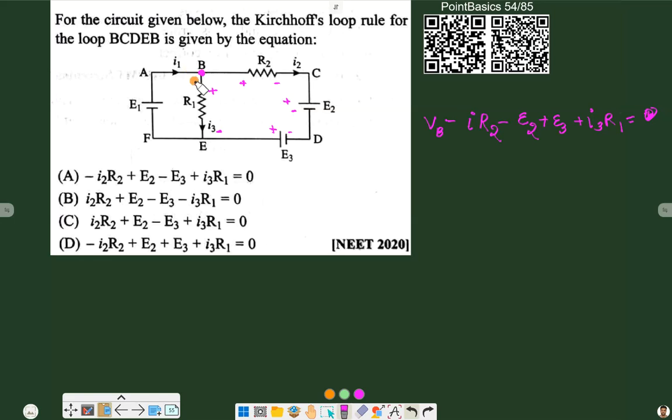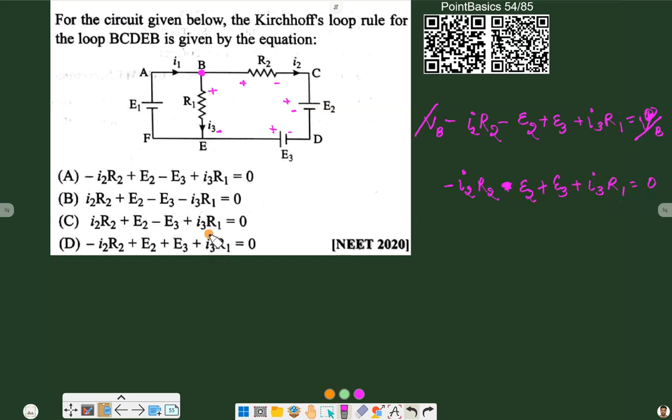Now we reach point B again, so it is equal to VB. VB gets cancelled and we are left with, this was I2 actually, minus I2 R2, minus E2 plus E3 plus I3 R1 is equal to 0.